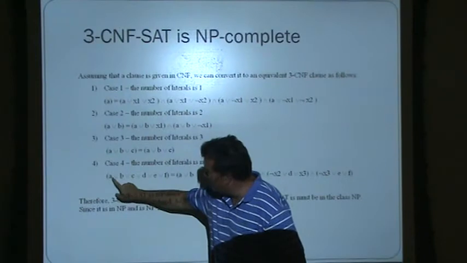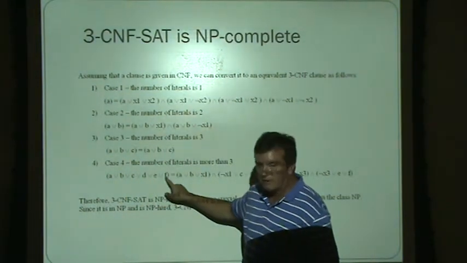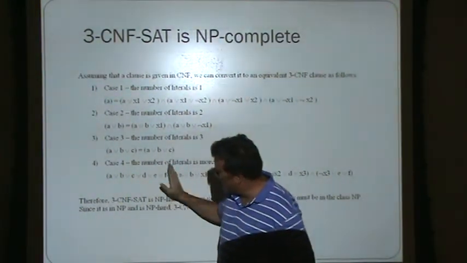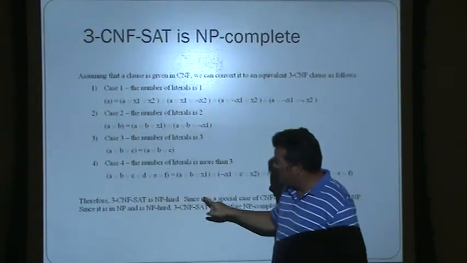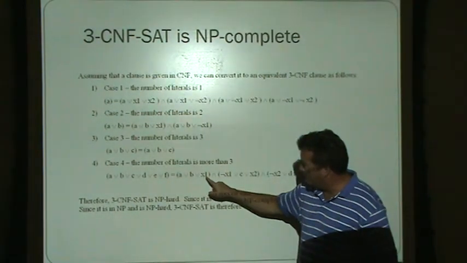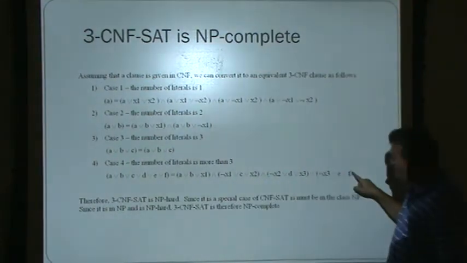So basically, if any one of these is a 1, A, B, C, D, E, or F, this whole circuit would be a 1. If we put a 1 anywhere here, this will be satisfiable.